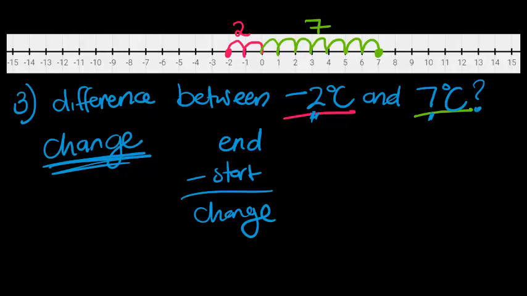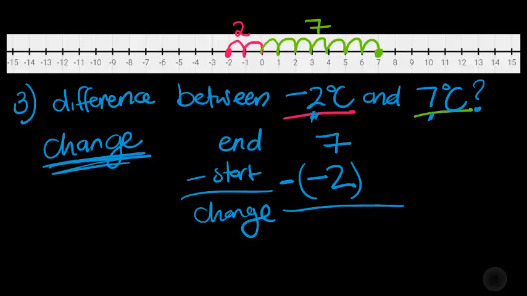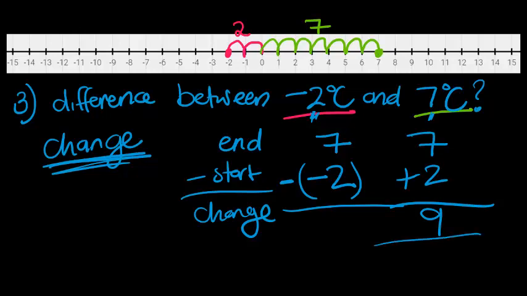Our ending point is 7 and our starting point is negative 2, so this becomes 7 minus negative 2, which is 7 plus 2, and the answer is 9. It is plus 9 because it is 9 in the positive direction, 9 getting warmer, 9 to the right.